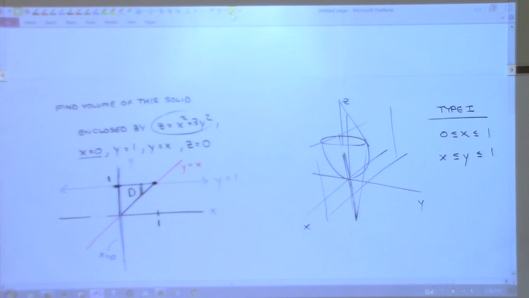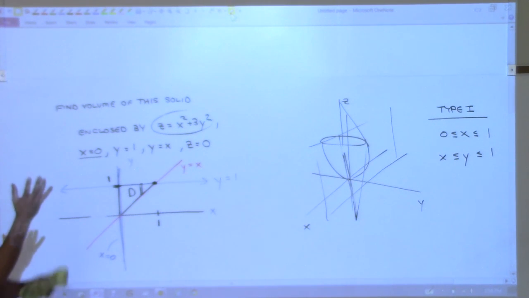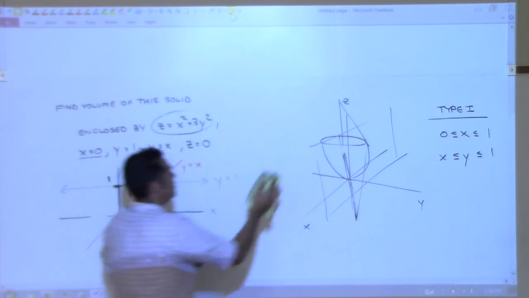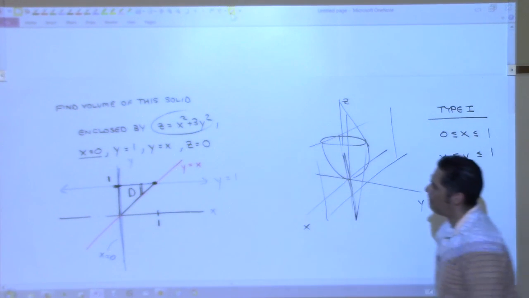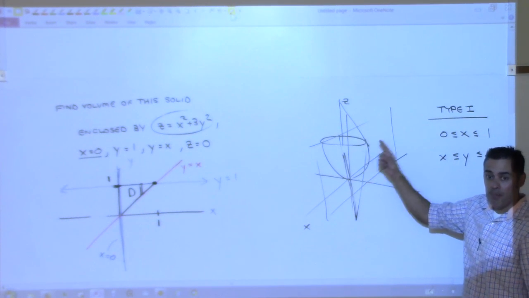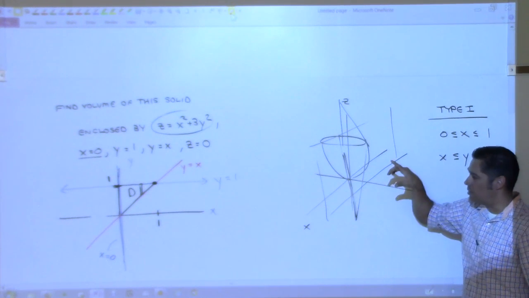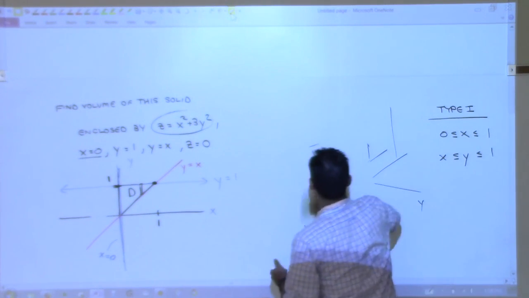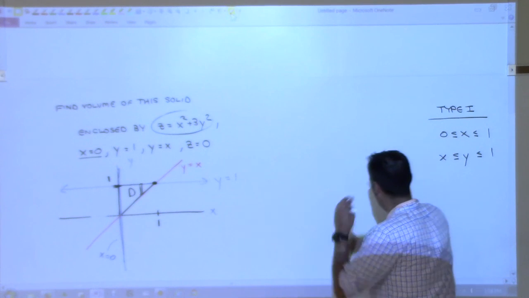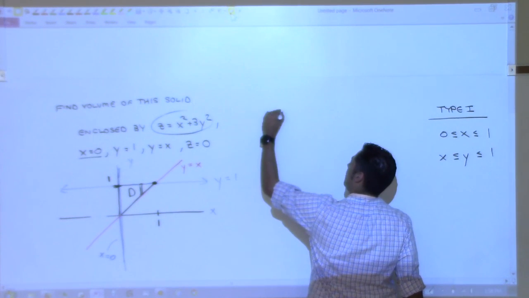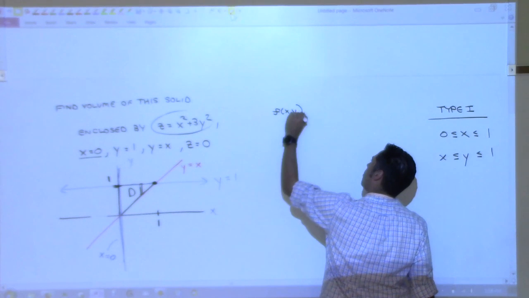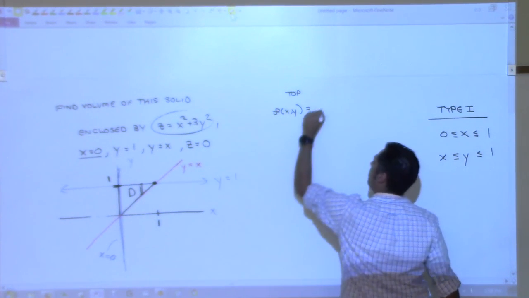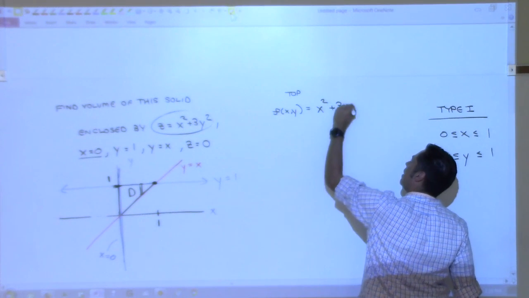Now we need to figure out what's the top surface minus the bottom surface. That's the part that goes in the integral. So what's the top surface? The bowl is the top surface. What's the bottom surface? Z equals 0. So we have f of xy, which is going to be the top, that solved for z, which luckily for us, it already is.